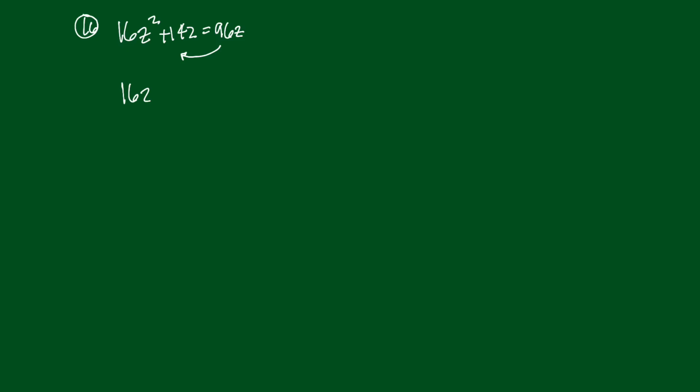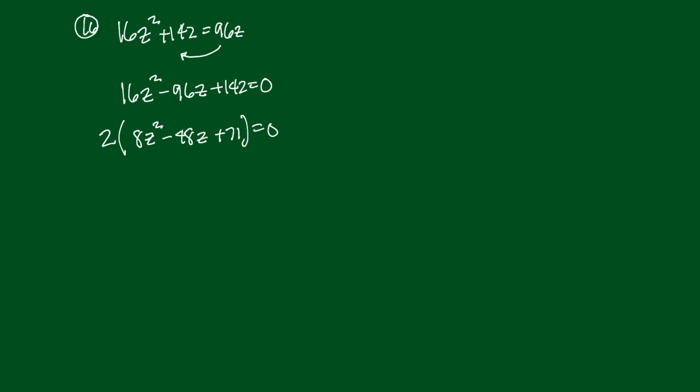So I'm going to get 16z squared minus 96z plus 142 equals 0. These are pretty big numbers here, but they're all even, so I can take a 2 out anyway. So I'm going to take a 2 out, and that'll give me 8z squared minus 48z plus 71. All that's equal to 0.